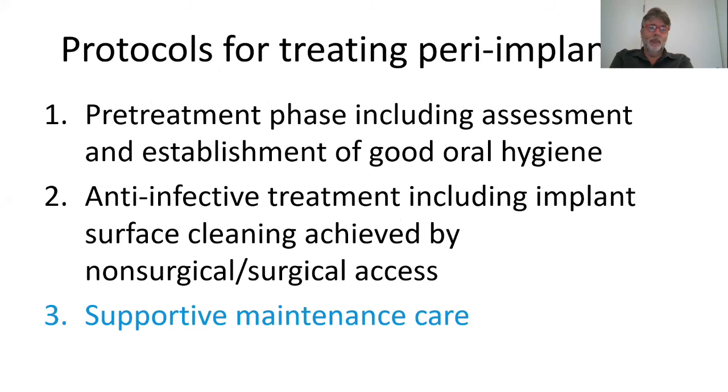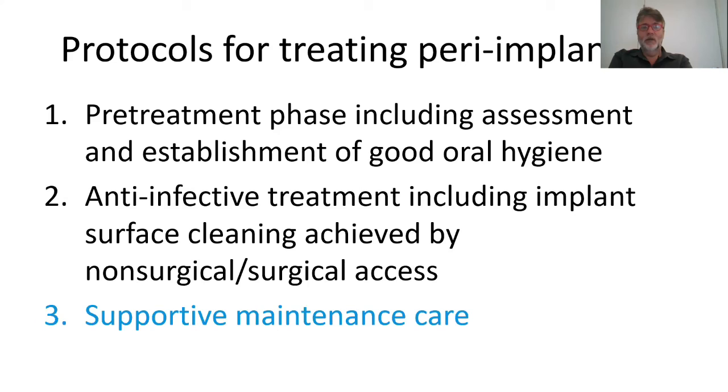This is already not a predictable treatment. You're already on your last gasps here. You've missed the chance to stop it at mucositis. You've missed the chance to stop it early in its progression with early bone loss. And now you're starting to get bone loss. And the problem is you've got a contaminated implant surface to deal with.